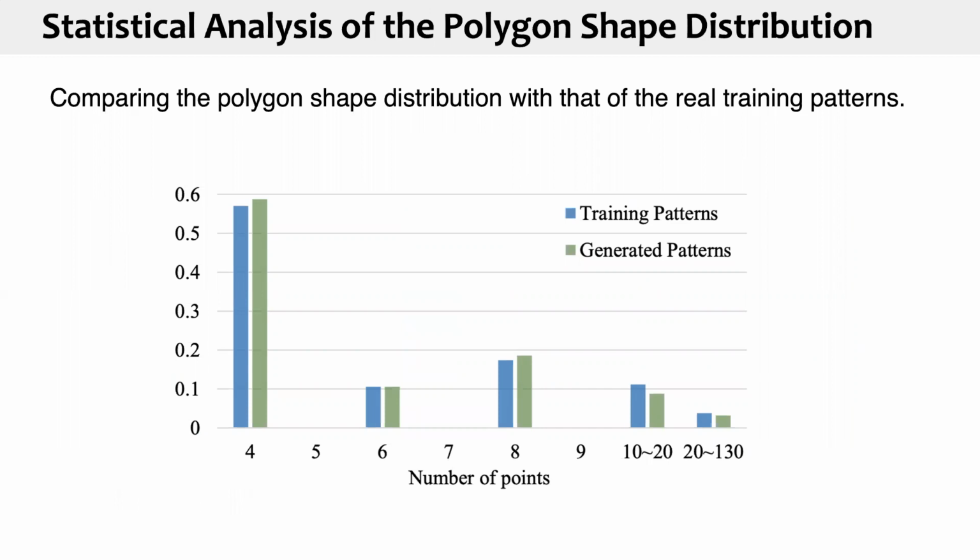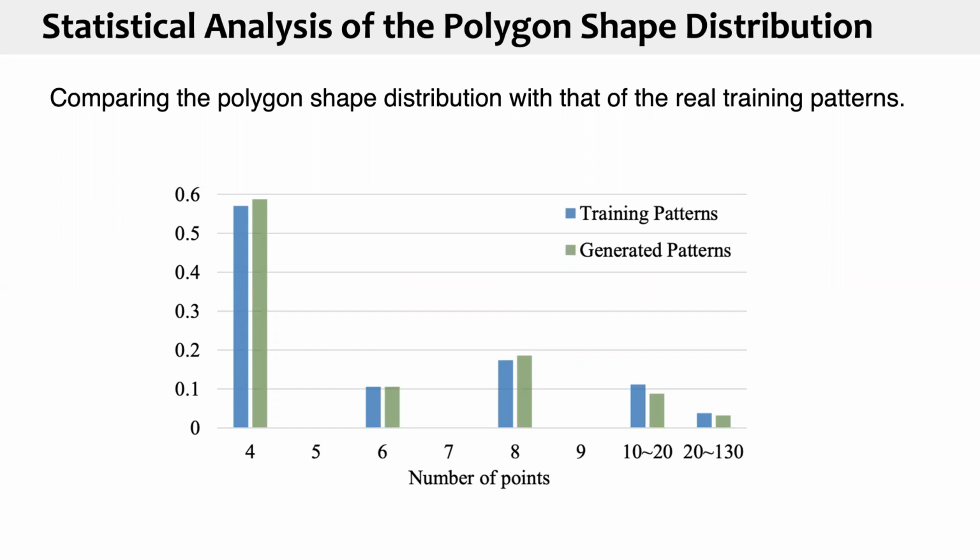For simplification, we count the number of vertexes of a polygon as its shape representation. This figure shows the comparison of the polygon shape distribution in the training set and the generated set. We observe that the generated set has a similar distribution of polygon complexity to the training set. This further demonstrates the ability of LayouTransformer to generate diverse layout patterns whose shape distribution follows that of the training samples.